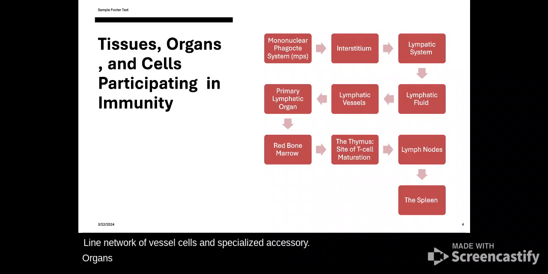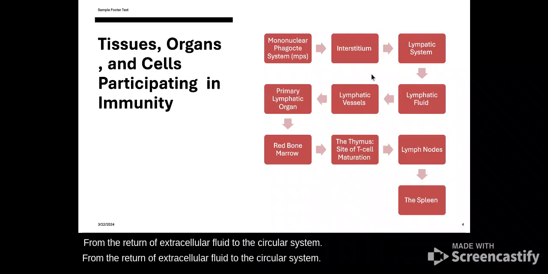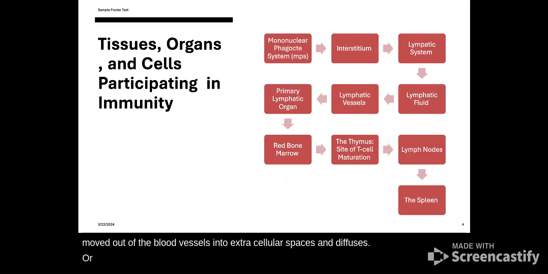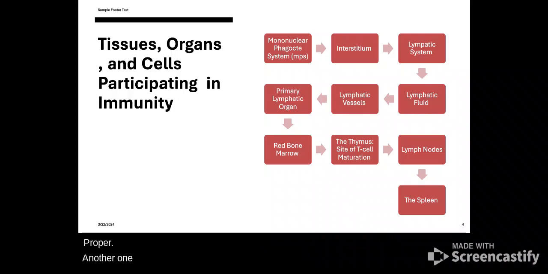Some functions provide a route for the return of extracellular fluid to the circulatory system. Lymph is a plasma-like liquid carried by the lymphatic circulation, created when blood components move out of the blood vessels into extracellular spaces and diffuse or migrate into lymphatic capillaries. Another function is that it acts as a drain.